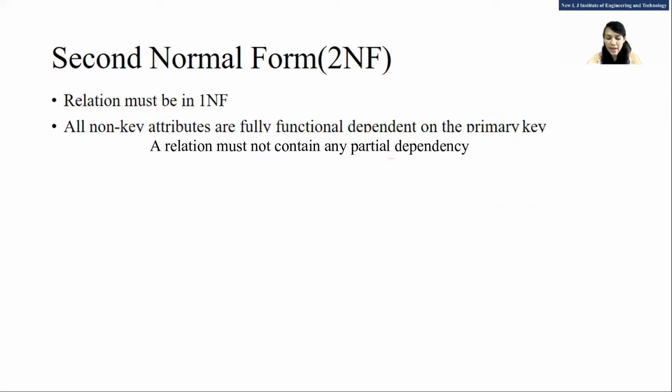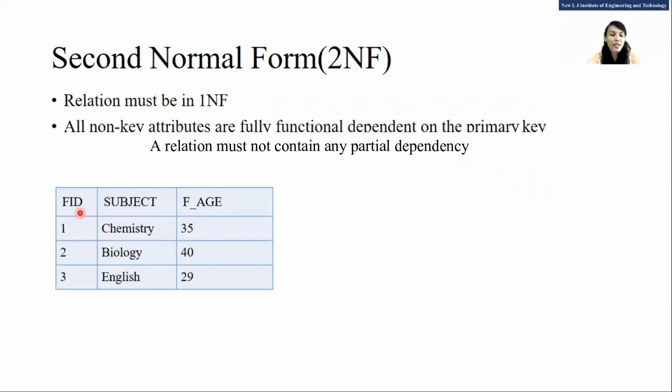Now what is a non-key attribute? Let's take an example of a table with faculty ID, subject, and faculty age. Here faculty ID is the primary key, and subject and faculty age are non-key attributes, because we can't say that subject or age can be the primary key. Suppose the candidate key is faculty ID and subject.